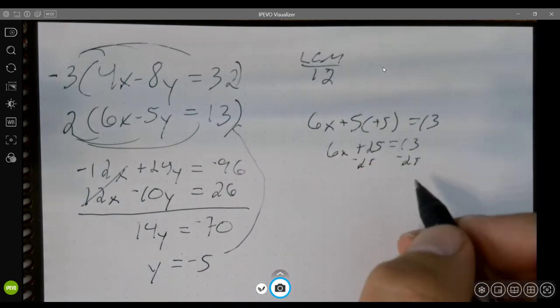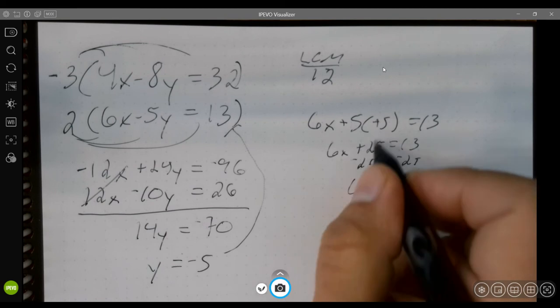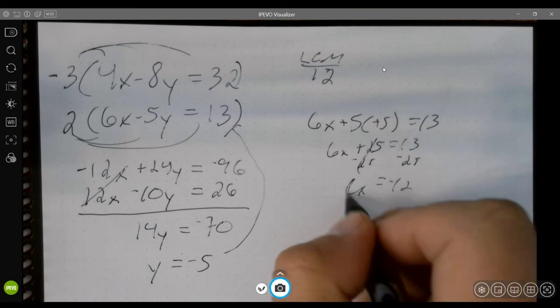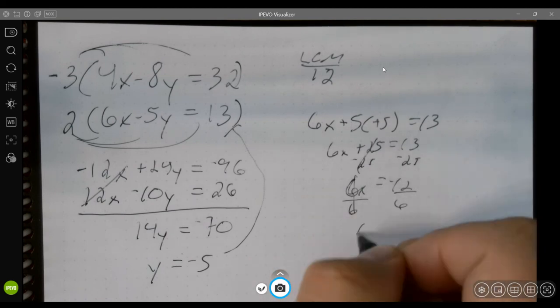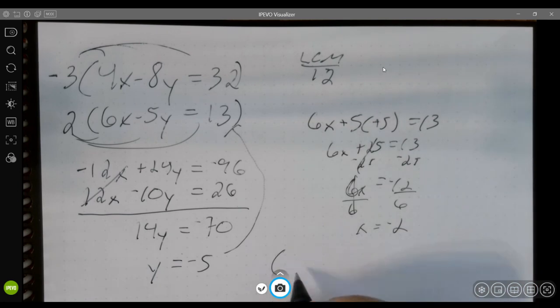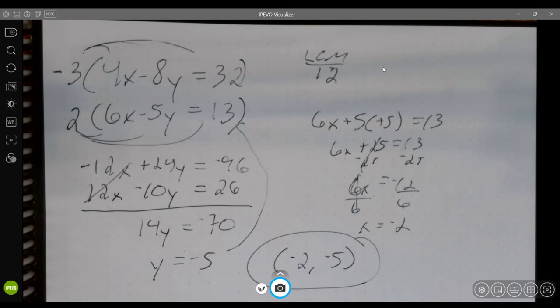I subtract 25 and I get 6x equals negative 12. Divide by 6 and x is negative 2. Now, final answer, write as a coordinate, I get negative 2, negative 5. So make sure you put the x, then you put the y.